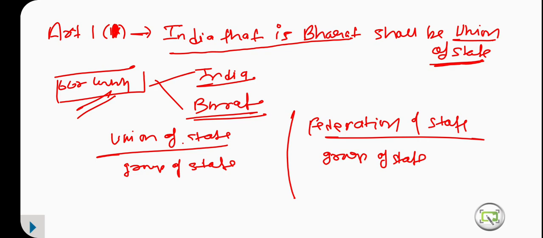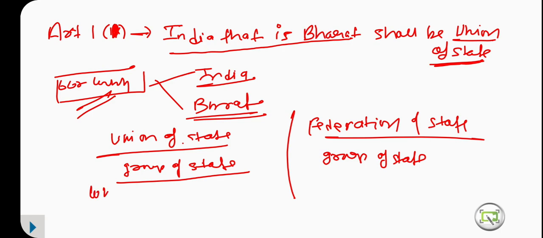First one is the Union of States, and second one is the Federation of States. In simple words, if we say Union of States, what does it mean? It means a group of states.